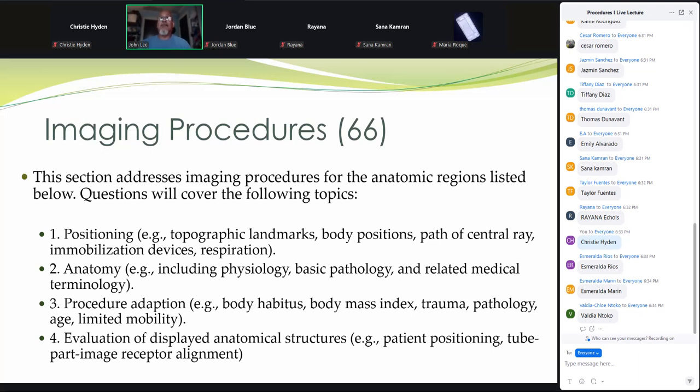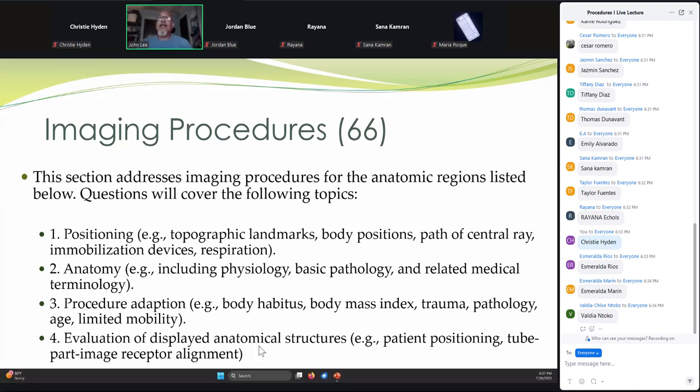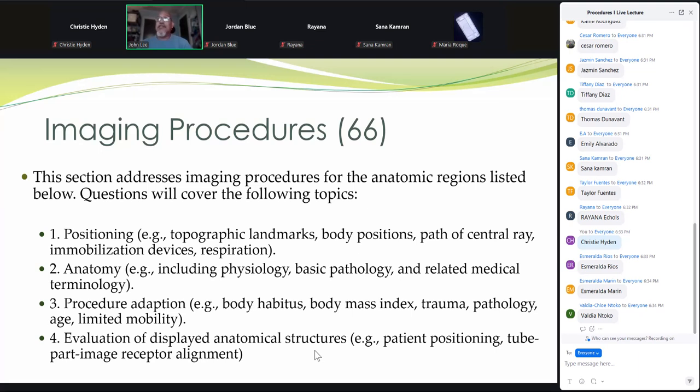There'll be some procedure adaptation, especially when it comes to body habitus and those with large and elevated body mass indexes, or indices, as well as trauma, pathology, age, limited mobility, so all special considerations. And then evaluation of the displayed anatomical structures in the images, including positioning and two-part receptor alignment.